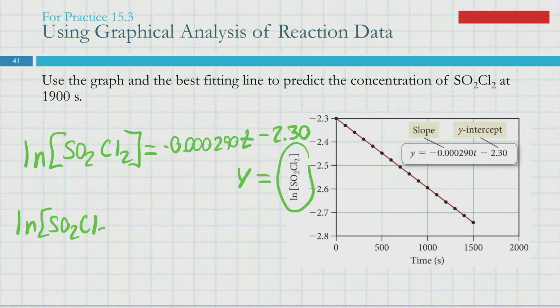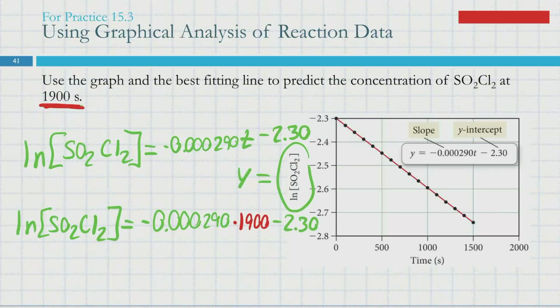So what I'm going to do is plug in that 1900 seconds. And I'll do that in red since I've written everything in green. And then we can evaluate what the right side of the equation is equal to here.